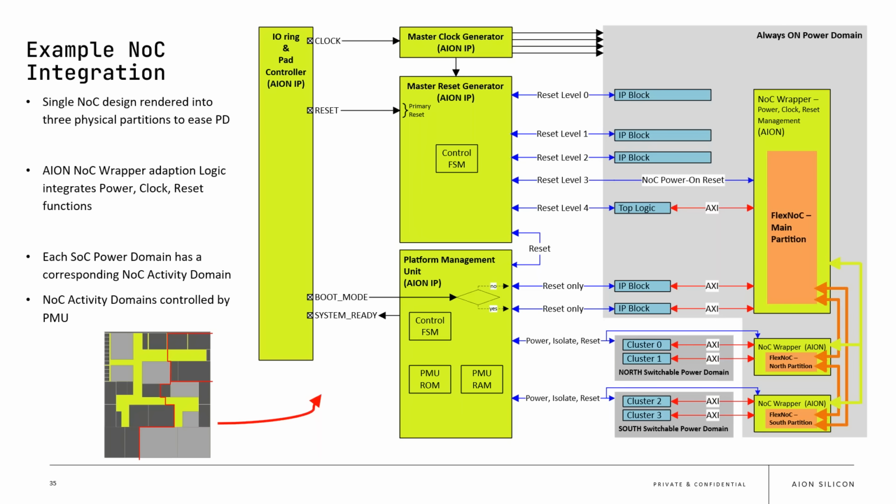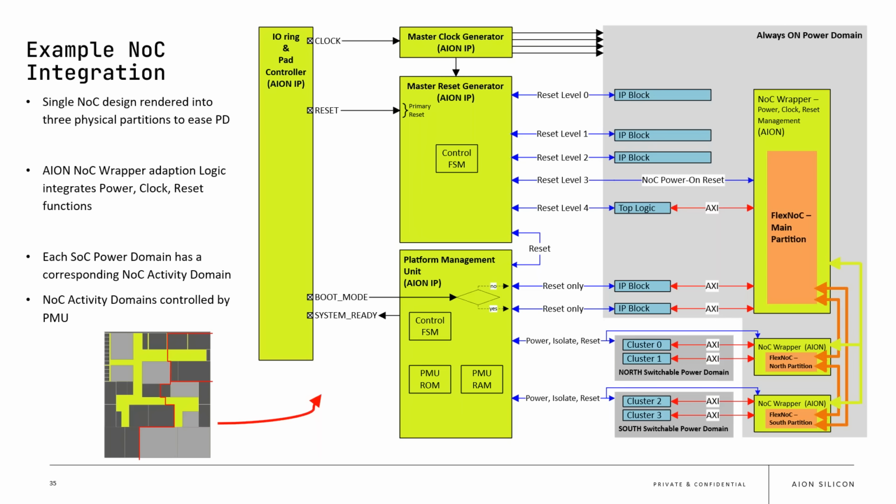Previously, this would be the power management unit, but at AION, we've seen the need to extend your classic power management unit with additional functions, SoC level infrastructure functions, and that's now been renamed to platform management to better fit the functions that this block performs.